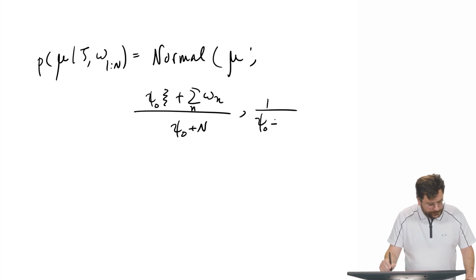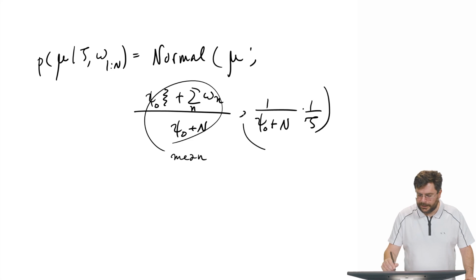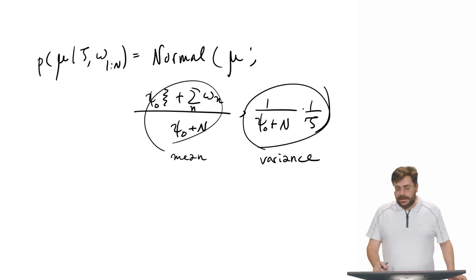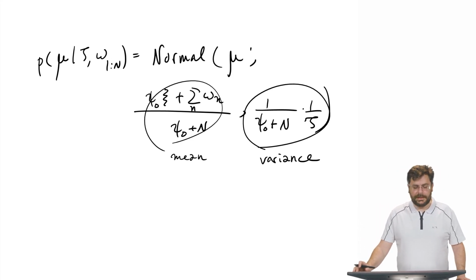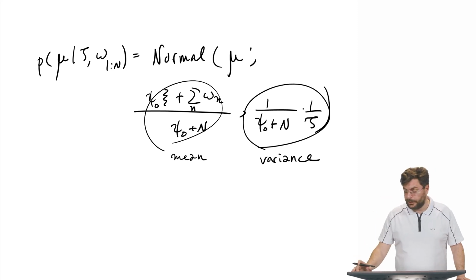And the variance is this. So that's the mean of my Gaussian, and this here is the variance. And we're done. So now that we have P of tau given the data and P of mu given tau and the data, we can start drawing samples of mu and tau.